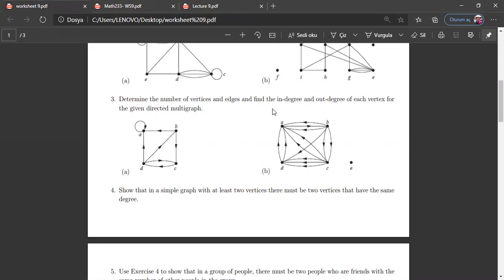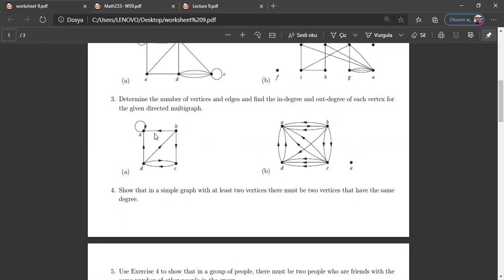So what's in degree? It's the edges that come through to the vertex. For example, for A, we have this loop.